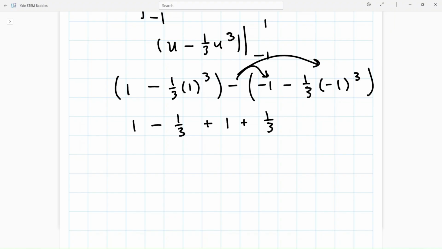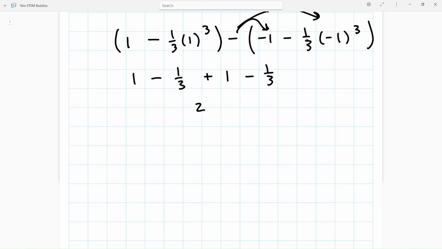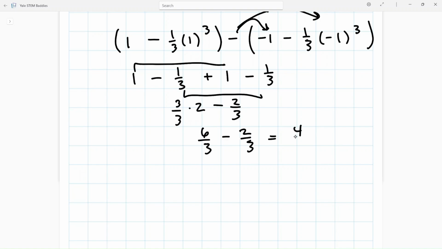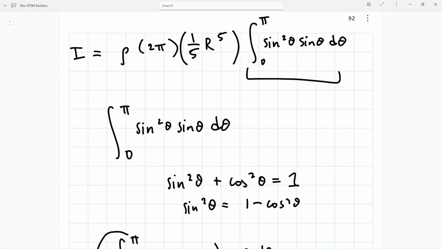And remember, -1 cubed is -1. So it looks like we're going to end up with these 1's combined to be 2, these 1/3's combined to be -2/3. We can, of course, write 2 as 6/3 minus 2/3. That's going to end up with 4/3. Wow, didn't that integral simplify nicely?